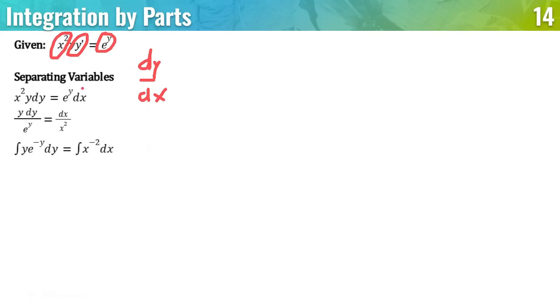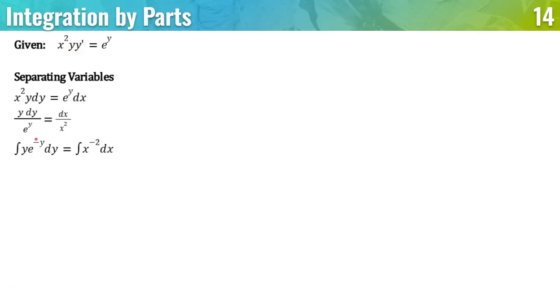So choose a side where you put it on. So first I rewrote this y prime into dy and dx. And then I swapped the positions of it. I moved x squared to the right side and e raised to y to the left side.